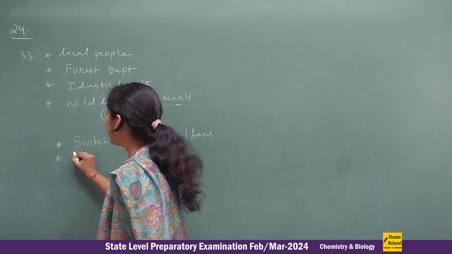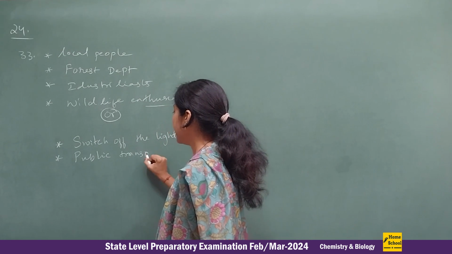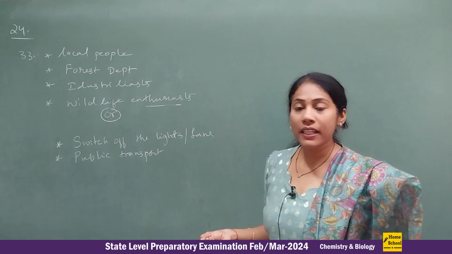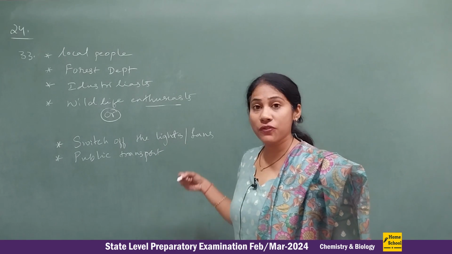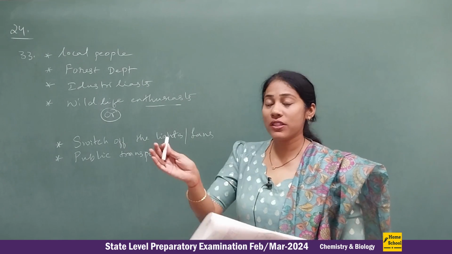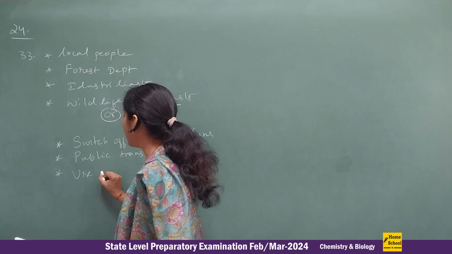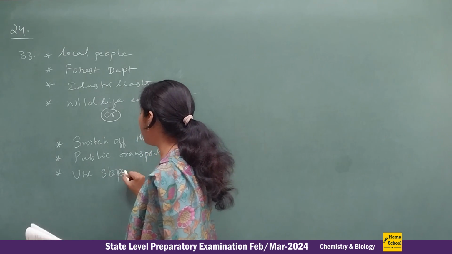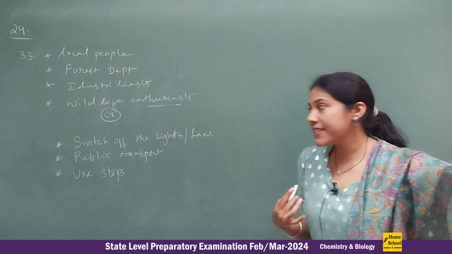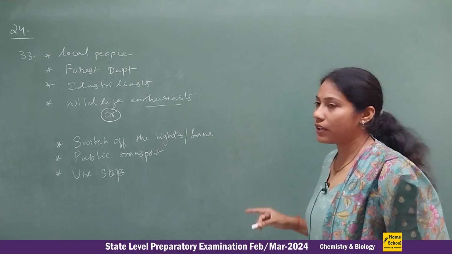And take public transport, right? Petrol and diesel also come from fossil fuels only. So if you take public transport instead of individual vehicles, vehicle usage can be decreased, so that fossil fuel usage also can be decreased. Okay, and use steps instead of the lift. When you have to climb only 1 or 2 stairs, instead of the lift you can take the steps and reach your destination.